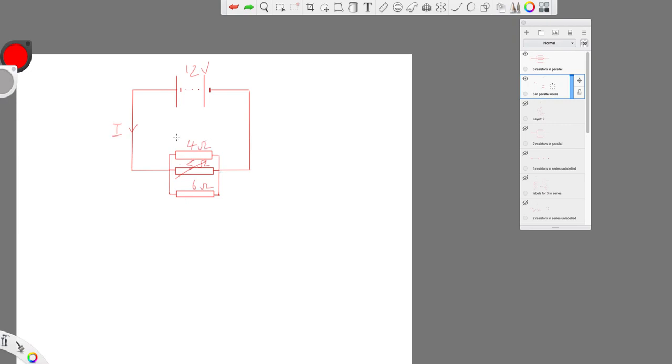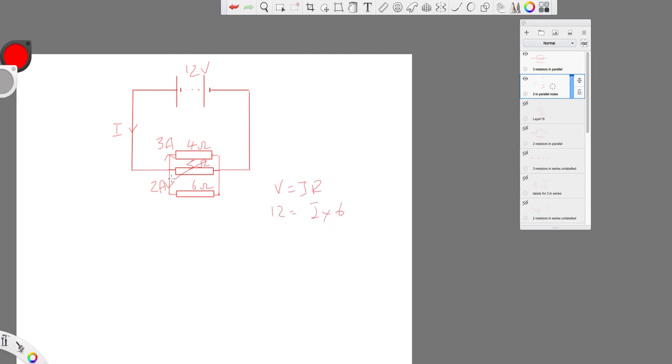You've still got 12 volts across the 4 ohm resistor, you've still got your 3 amps flowing in there, and you've got 12 volts across a 6 ohm resistor, so you're going to have 2 amps flowing in there, aren't you? If you think V equals IR. I've got 12 volts across it, I want the current, I've got 6 ohms.